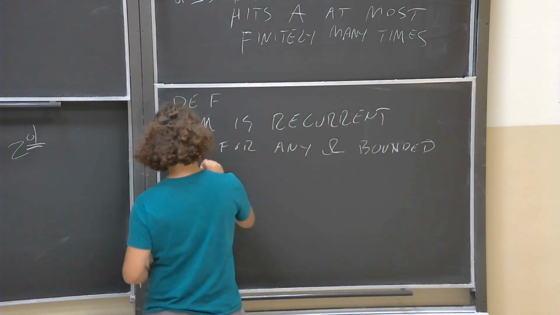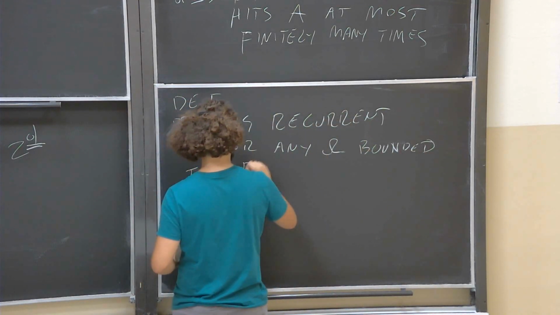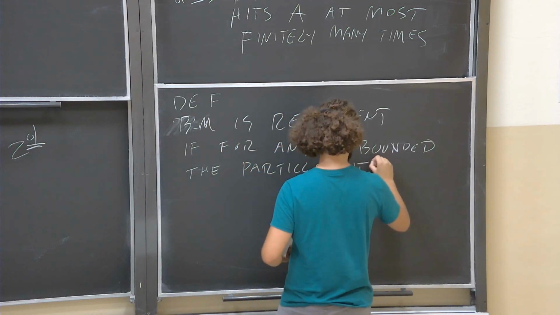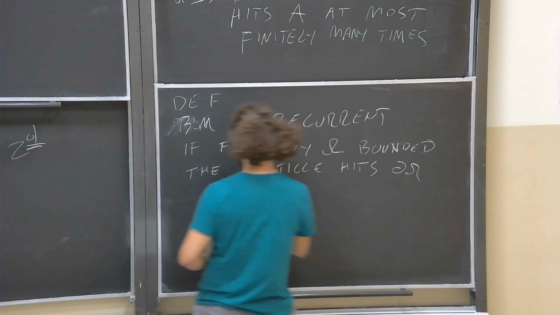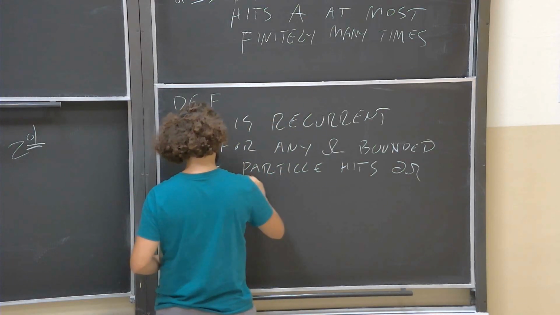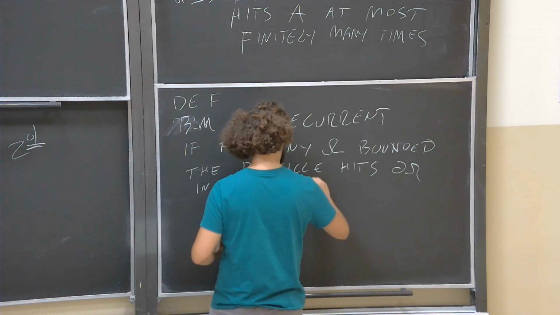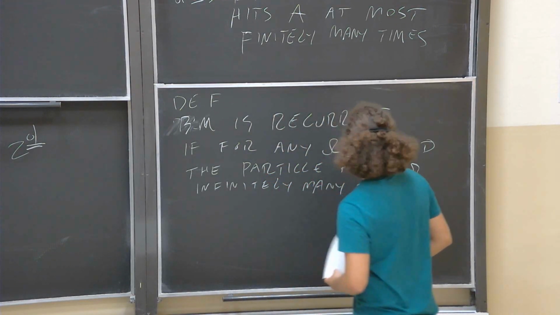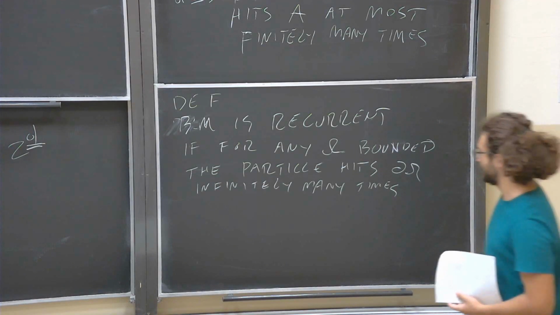The particle hits the border infinitely many times. Otherwise, we say the particle is transient.